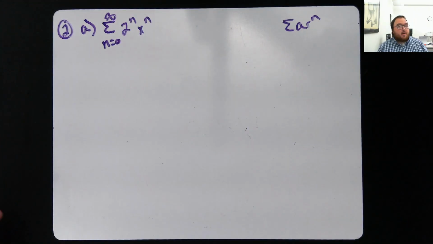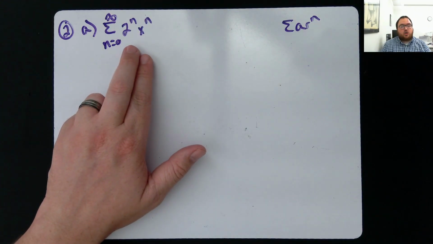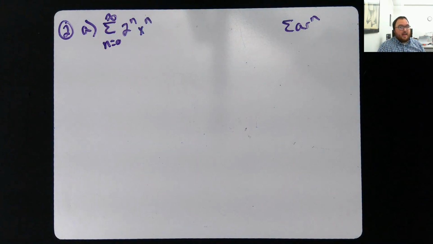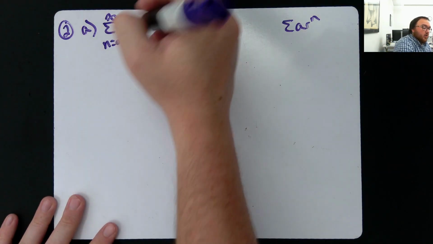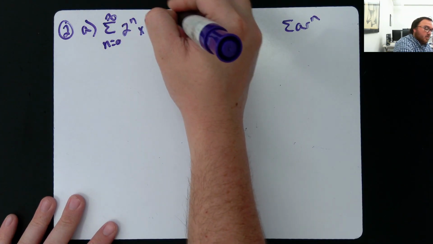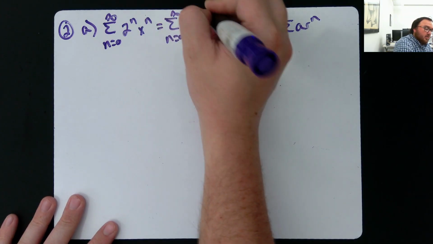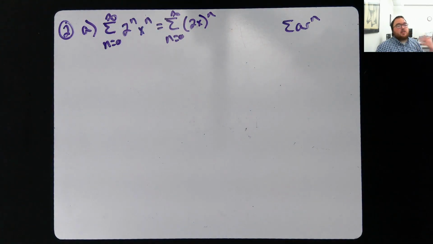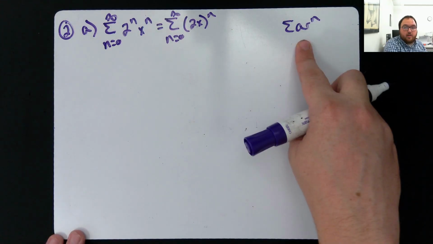So notice something about this. Notice both of these two terms I have right there have a power of n, right? So what I can do is I can just write it as 2x to the n. Again, because both of them have a power of n.